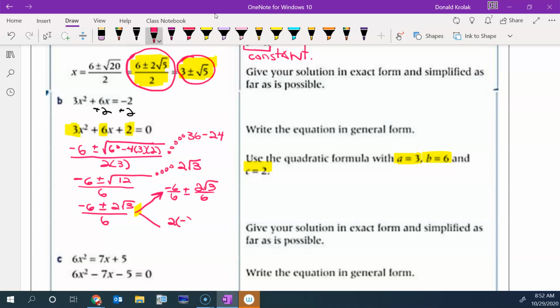We have negative 3 plus or minus root 3, all over 6. Now if you simplify this one on the top, that would become negative 1 plus or minus, and then the 2 and the 6 you can reduce to root 3 over 3, because you can divide the 2 and the 6 by 2.